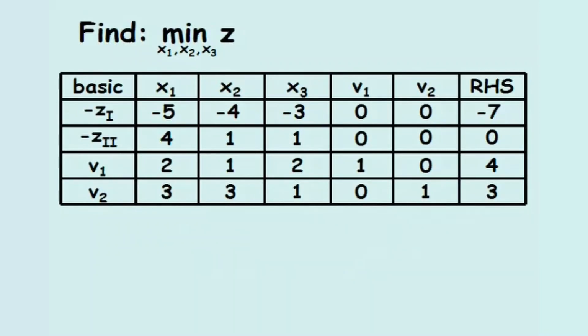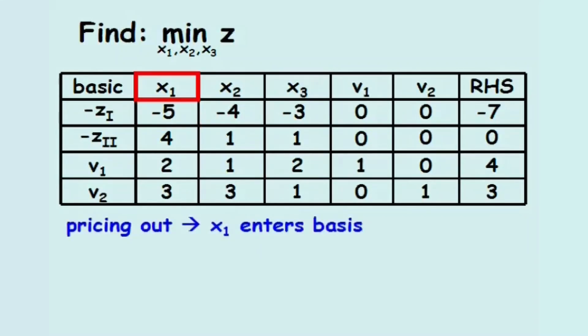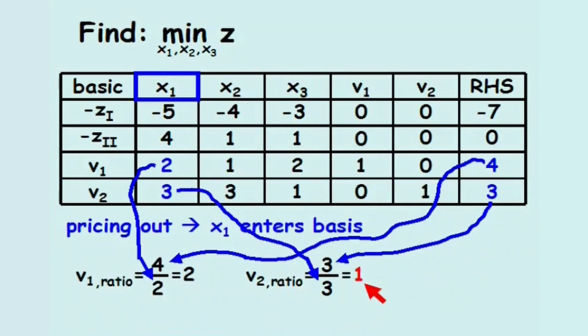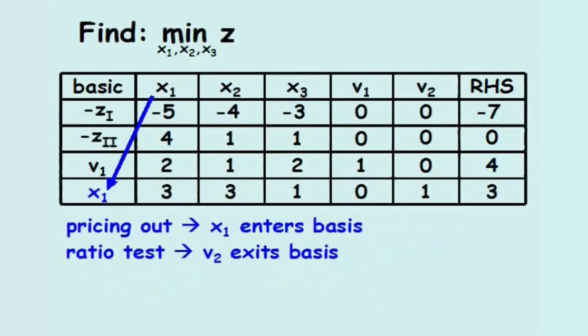Next, we begin the algorithm by pricing out. x1 has the smallest negative reduced cost coefficient of -5, so x1 will enter the basis. Next, the ratio test is performed, and since 1 is a smaller positive number than 2, artificial variable v2 will exit the basis.